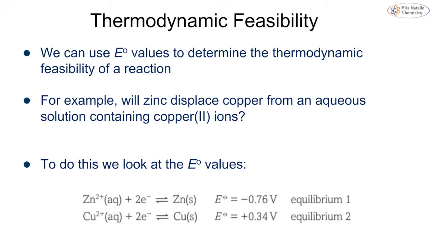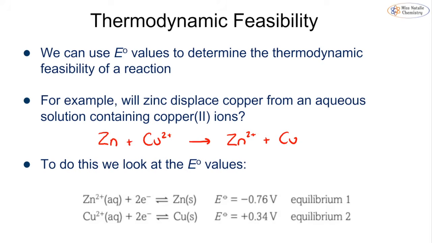Now we can use these values to help us determine thermodynamic feasibility. So for example, we want to know, will zinc displace copper from an aqueous solution containing copper-2 ions? In other words, if I have zinc plus copper-2, will I get the zinc 2 plus and the copper?